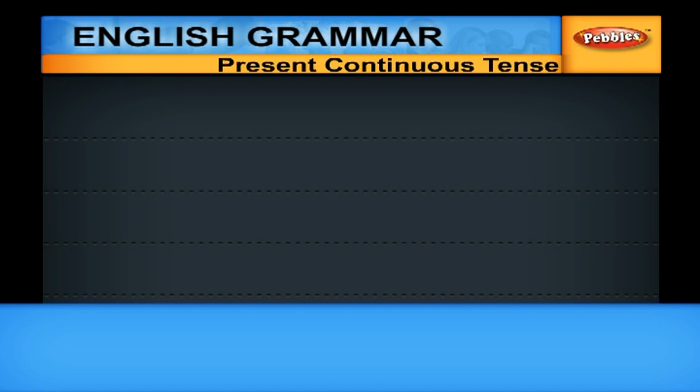Other verbs which don't take ing form are like these. It is incorrect to say, I am liking you. The correct form is, I like you. It is incorrect to say, I am wanting this.